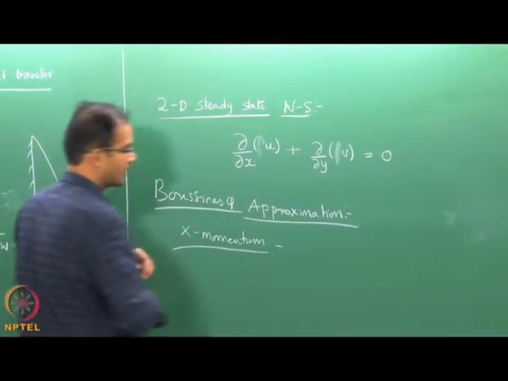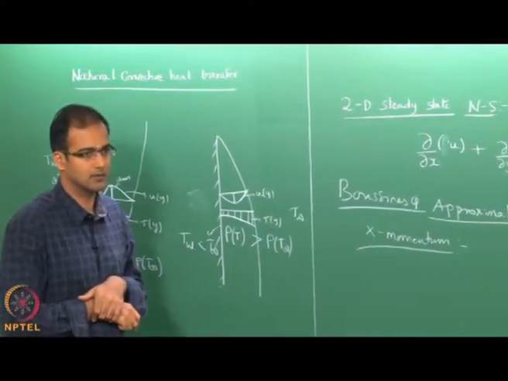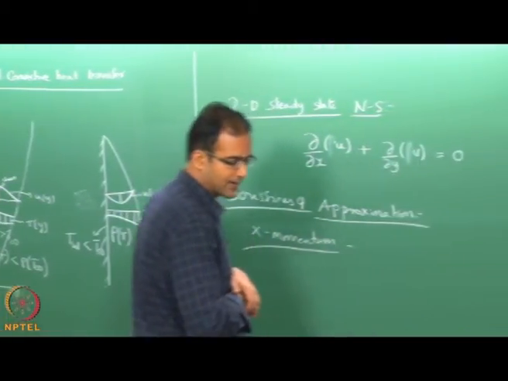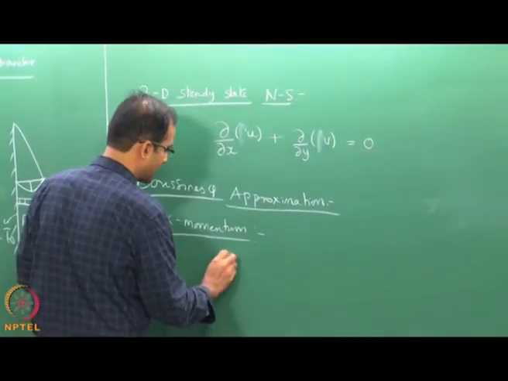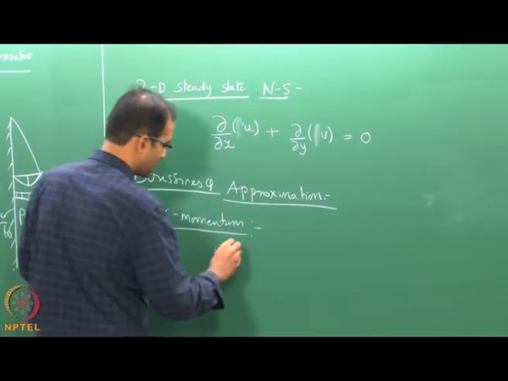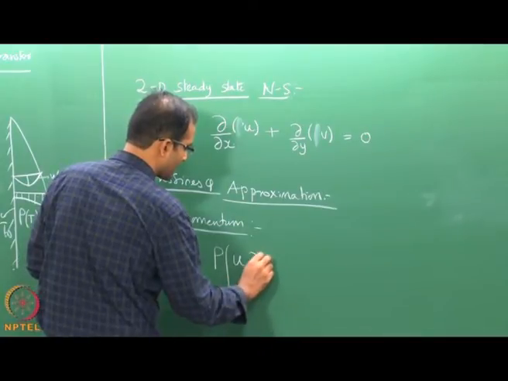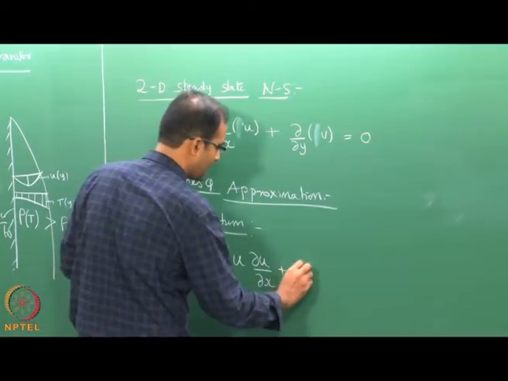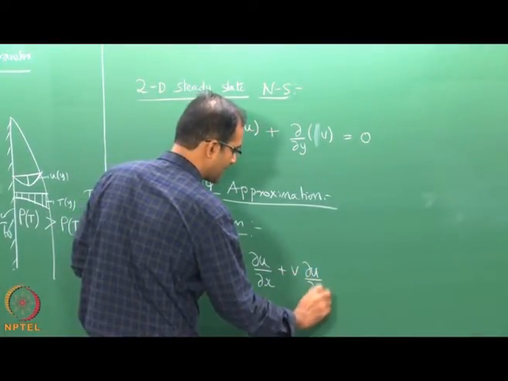How does it look? Let us keep density outside the derivative, but not divide by density right away. So, rho of u du/dx plus v du/dy, this is your convective term.